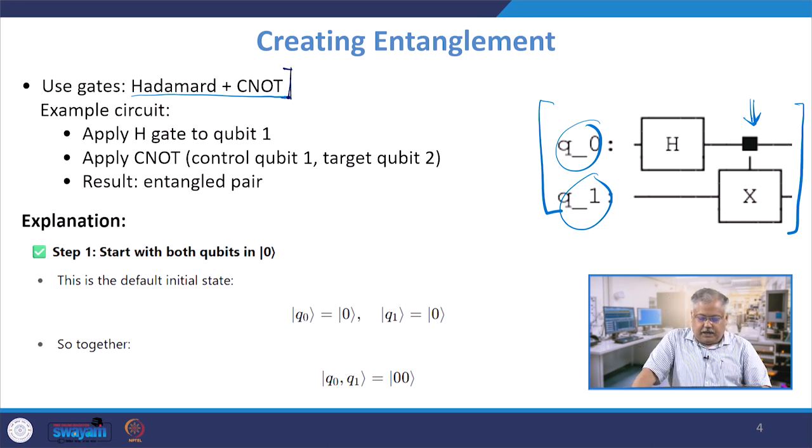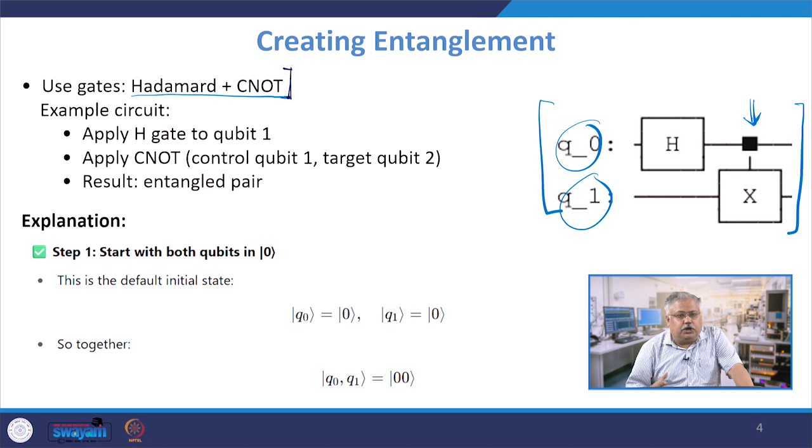If you apply the H gate to qubit 0 and apply the CNOT gate, the control qubit is the first and the target qubit is the second. We need to find out whether an entangled pair comes into this picture or not. So let's see whether by applying the Hadamard gate and the CNOT gate we actually get an entangled pair.